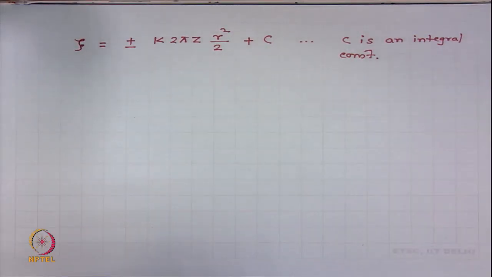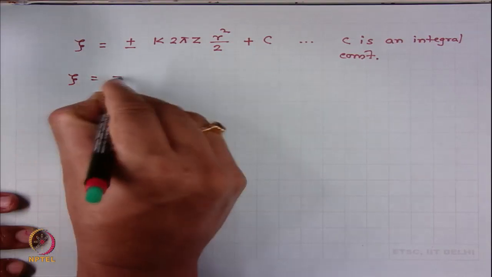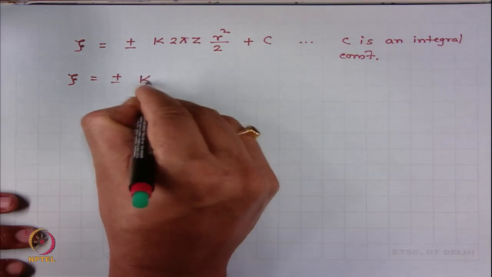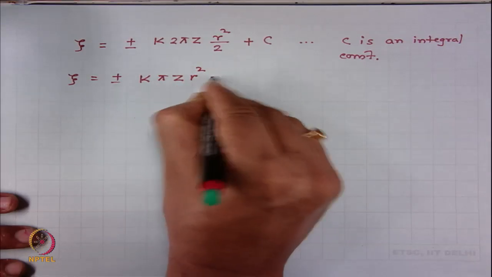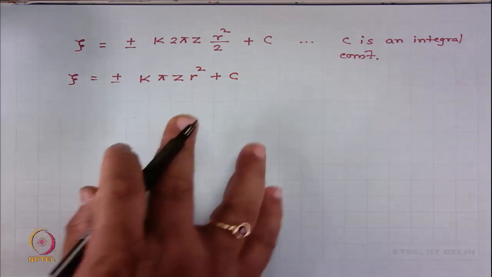Right. So, zeta is equal to plus minus k pi z r square plus c. So, this integration is possible.